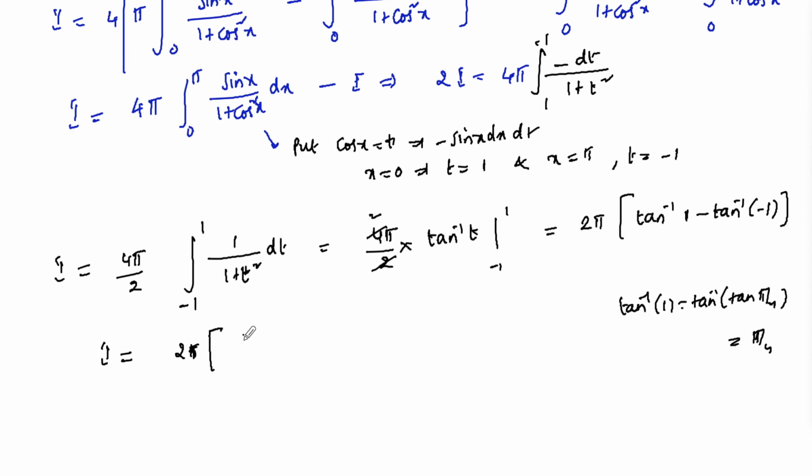So let me substitute here: pi by 4, minus of minus pi by 4. So pi by 4 plus pi by 4 is pi by 2, so I is 2 pi times pi by 2. The 2 gets cancelled, giving pi square. So our integral answer is pi square.